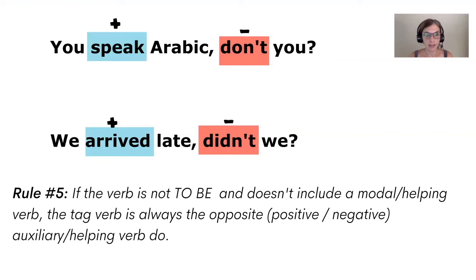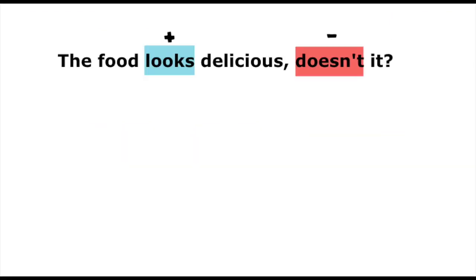What do I mean by that? So if we look at this statement here, the food looks delicious, doesn't it? We're not using the verb to be, we're using the verb looks, and there's no helping verb here, and there's no modal verb here. So we should use the verb do in the tag. The food looks delicious.